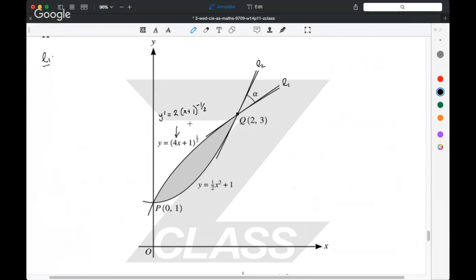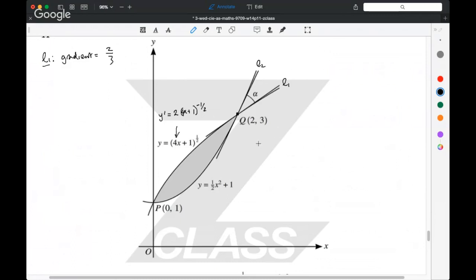So at Q, which is where the x value is 2, this is going to have a gradient of 2/3, if you plug that in. Oops, that should be a 4 in there. 4x.